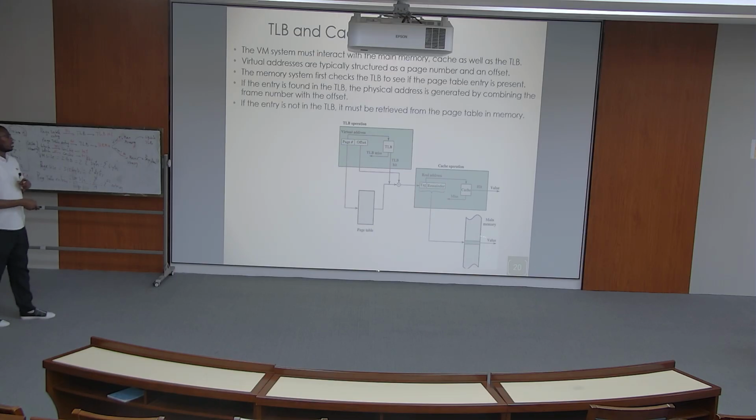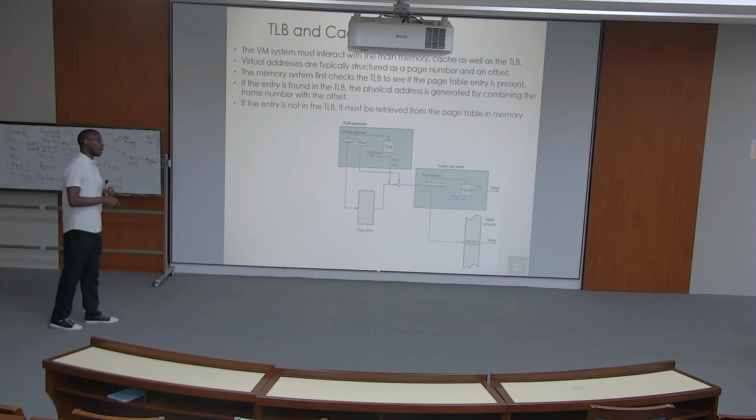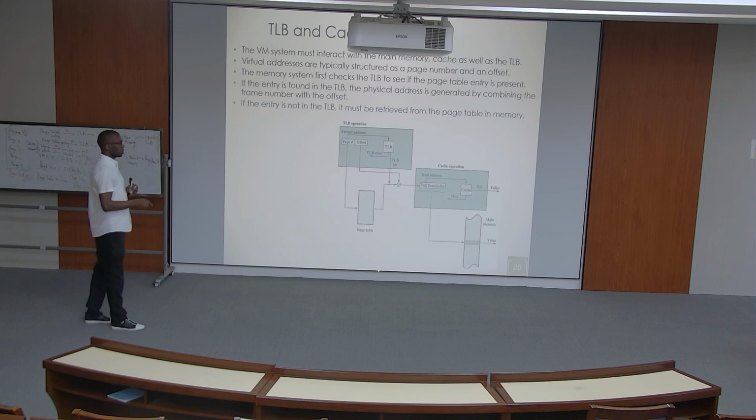Here in the cache memory, we have the read address, which includes the tag, and the remainder is for the line number or set number, depending on which cache mapping technique is used. And we have here the cache memory.